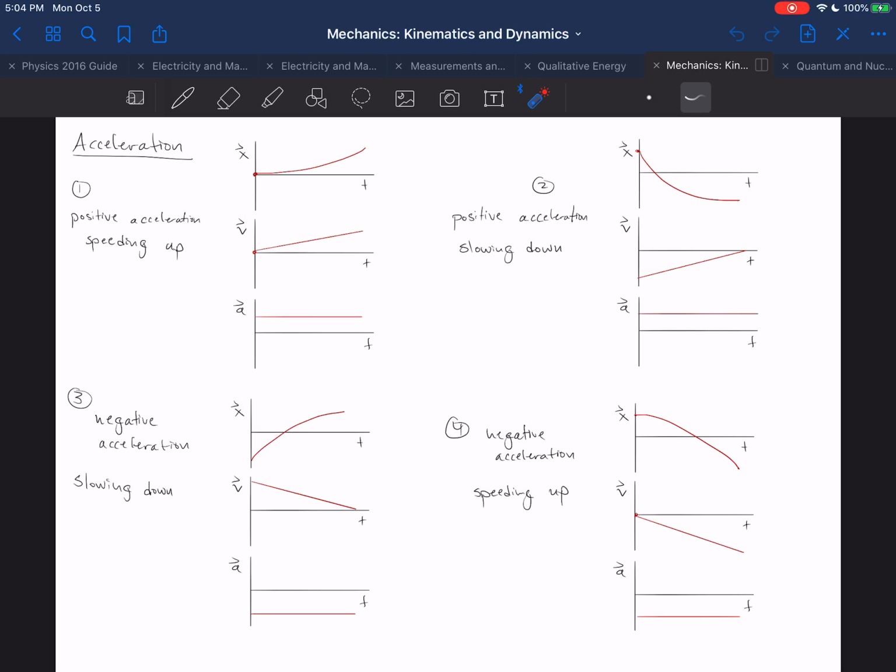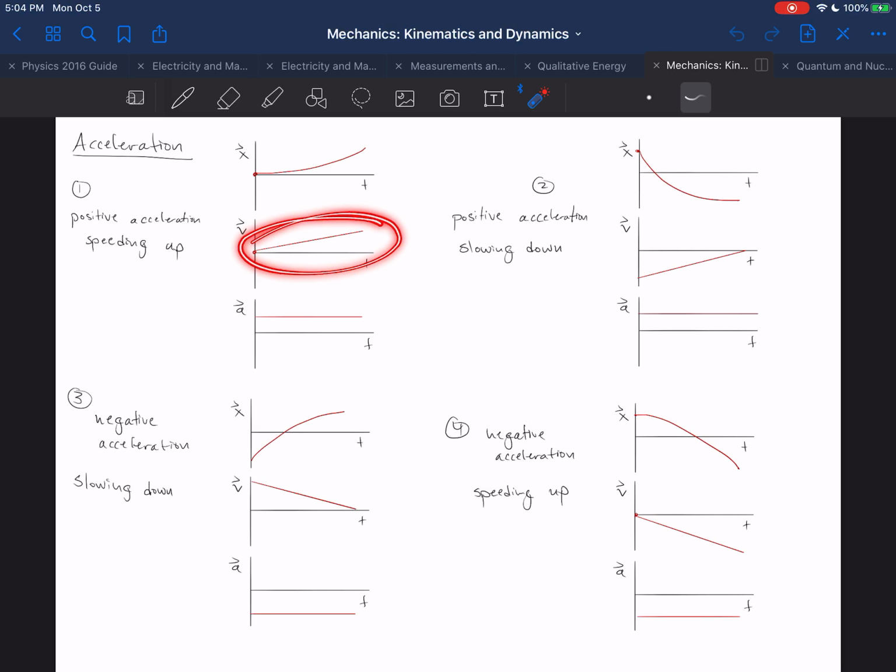With a constant positive acceleration, the acceleration time graph is flat, but the velocity time graph involves increasing velocity over that time interval delta t, increasing in the positive direction.